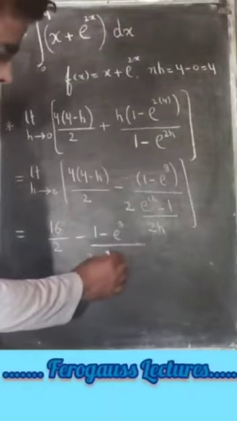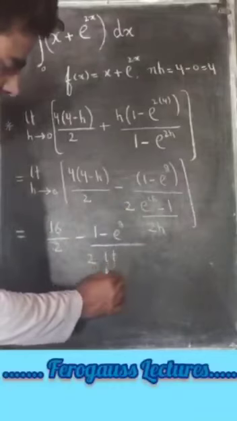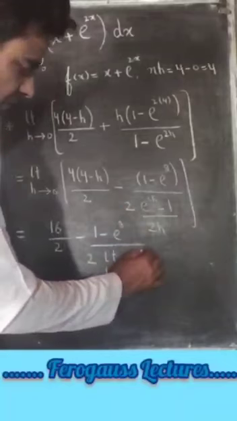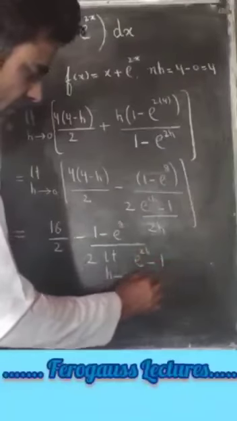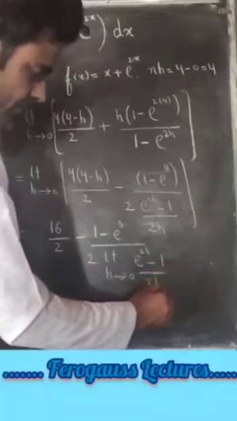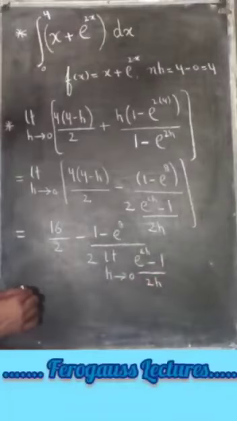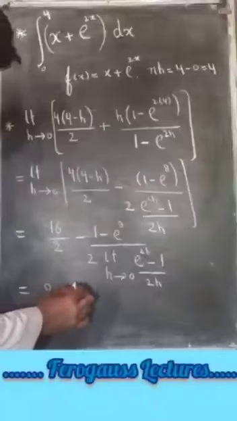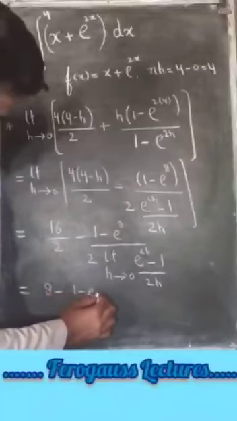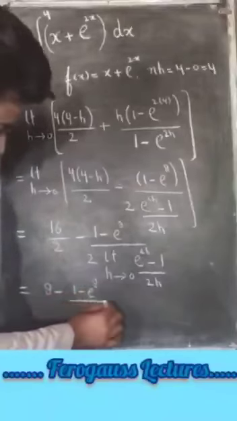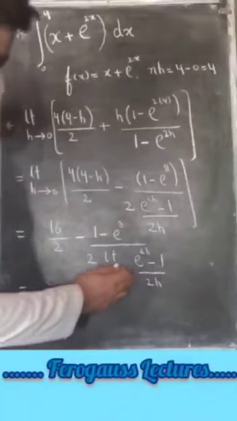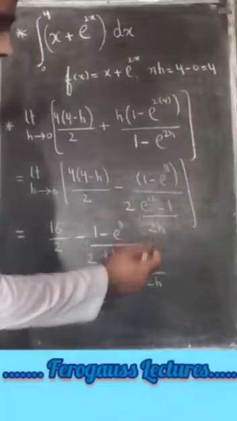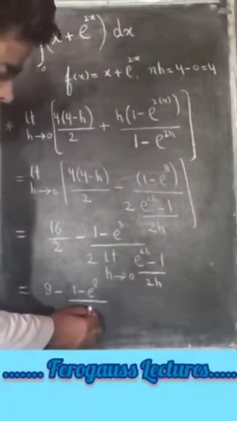Now here we have h, so we can write the limit as h tends to 0 of (e^(2h) minus 1) divided by 2h. That is equal to 8 minus (1 minus e^8) divided by 2. Now this limit, the limit as h tends to 0 of (e^(2h) minus 1) divided by 2h, is equal to 1.